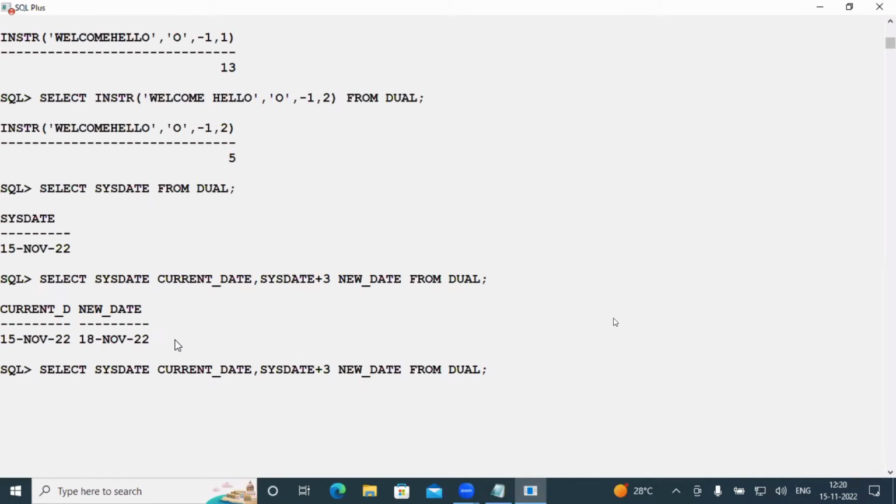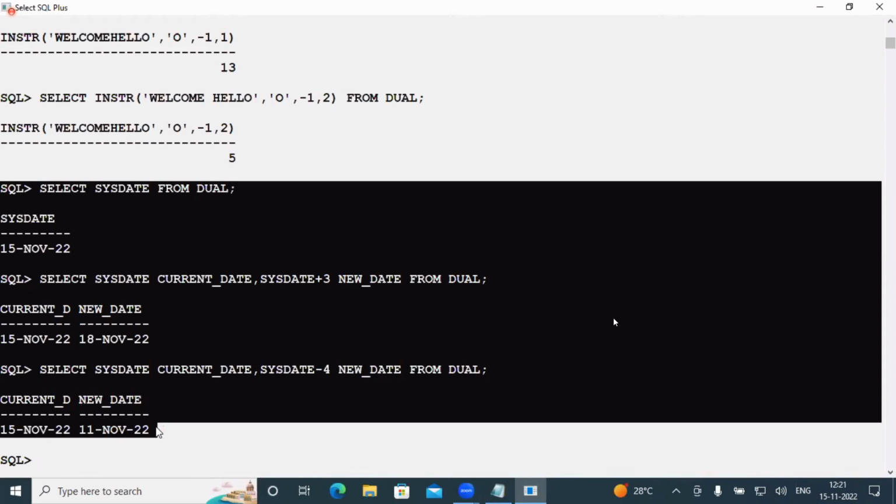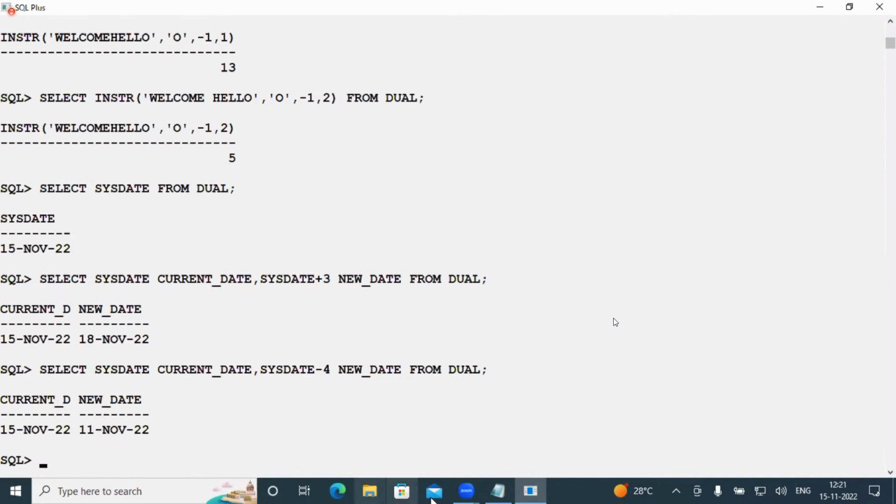Next, same to same. If I give a negative operation, minus 4, then from the current date 15 today, minus 4 means the date 11th will come to you. Like this, sysdate can be used to return your current date and add or subtract some days.